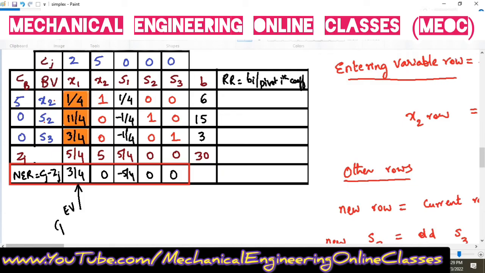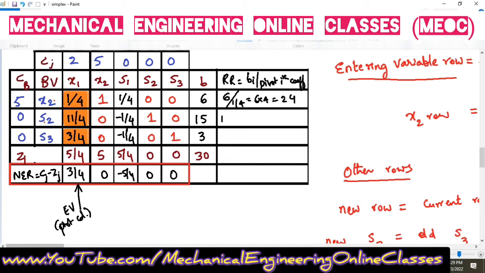We already got the pivot column. Let us see which will be the pivot row. So here it is 6, the first b, divided by its pivot column coefficient, which is 1 by 4. 6 by 1 by 4 is nothing but 6 into 4, which is 24.